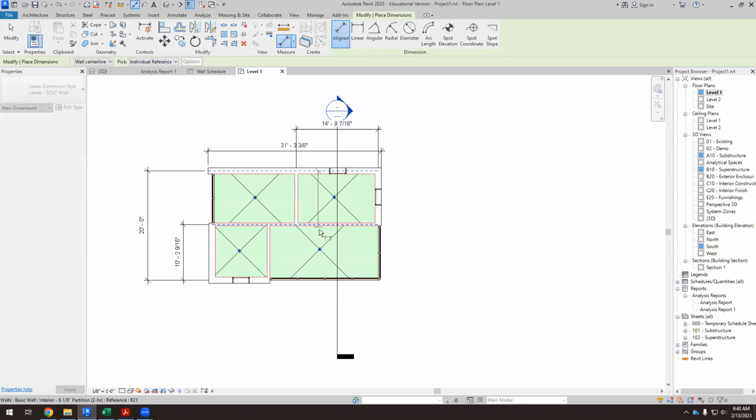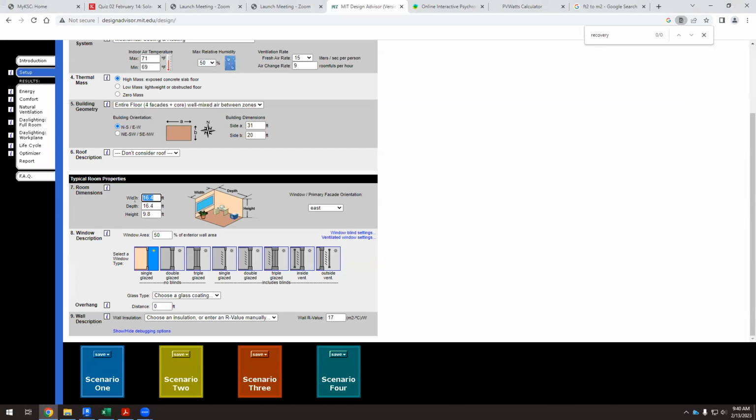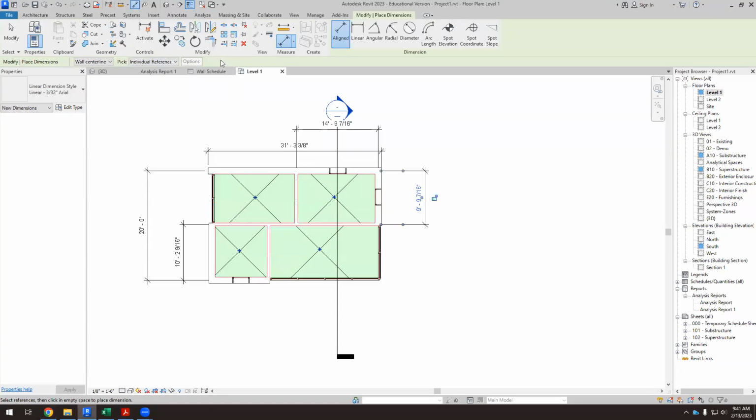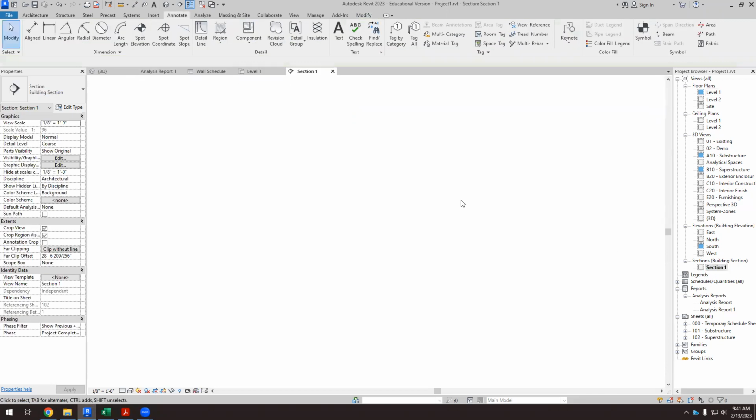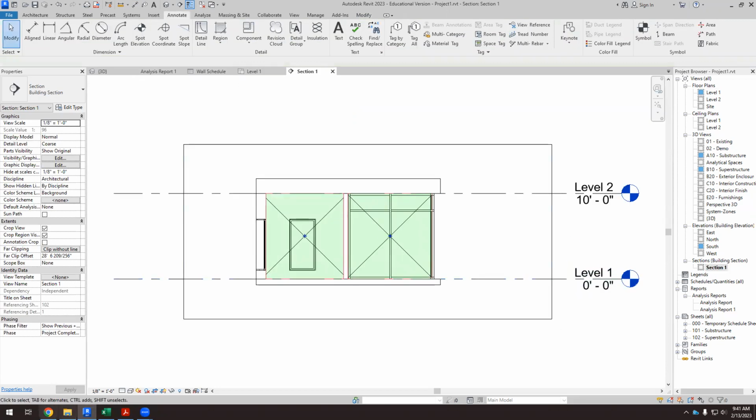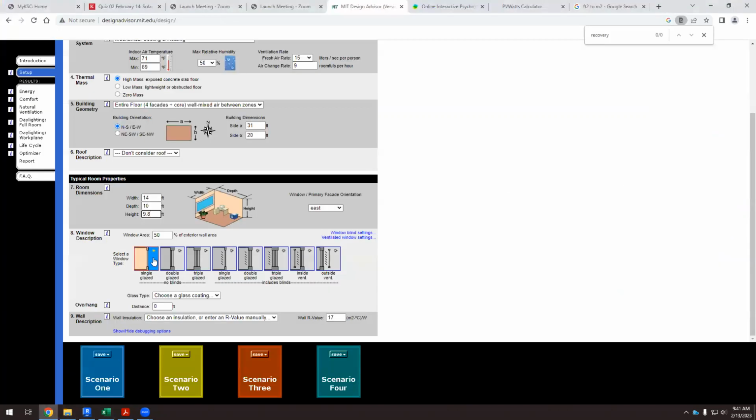It's 14 by 10. So let's do this: 14 feet, the depth is 10. And the height, I have to go to the section. So the height is 9.8. Okay, let's say 10 feet.